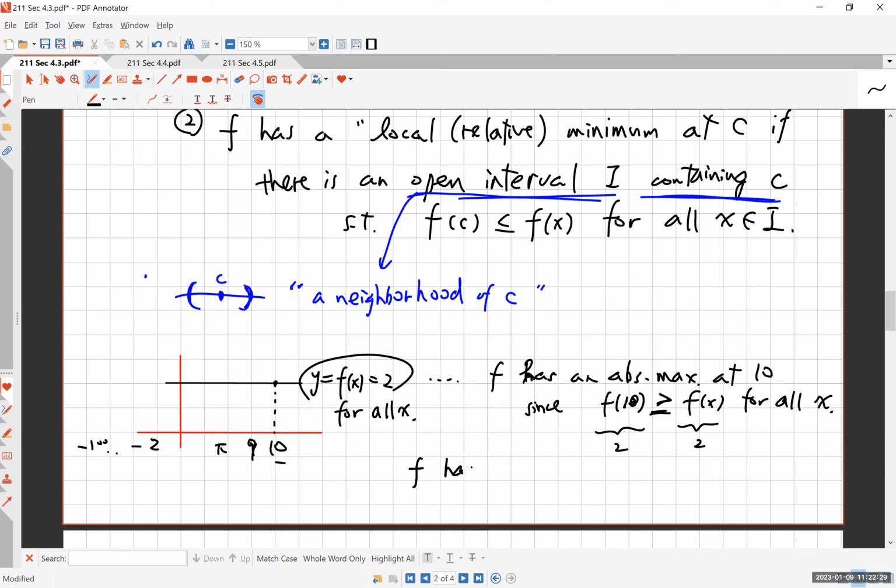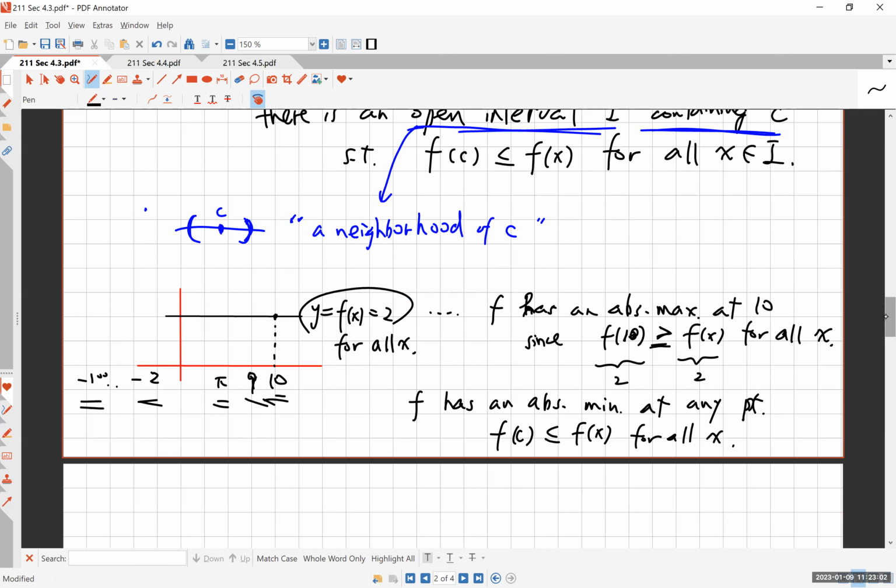And you say, wait a minute, does f then have an absolute minimum at any point? The answer is yes, because at every one of these points, no matter what c is, f of c is going to be less than or equal to f of x for all x. So any constant function has an absolute maximum and absolute minimum everywhere.